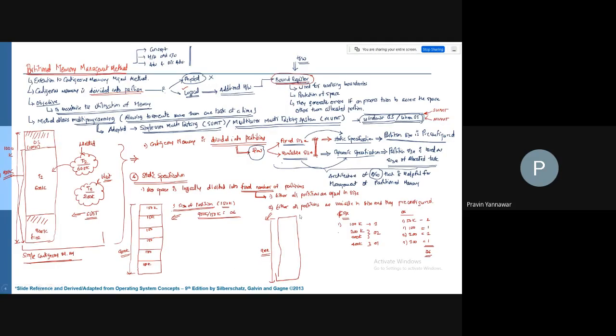So these are pre-configured partitions. Pre-configured partition means the memory is like this. Okay, so this is 50K, 50K, 50K. Then you are going to have 100K. Then we are going to have 2 partitions of 200K. So this is 200K, 200K, this is 3, 4, 5, and this is one partition of, say, 300K.